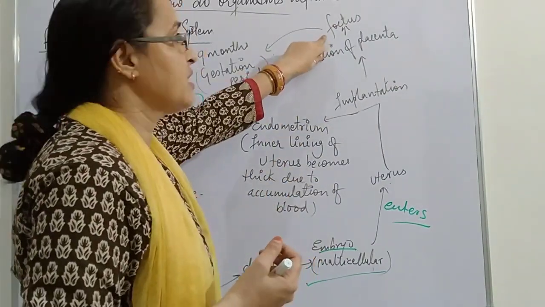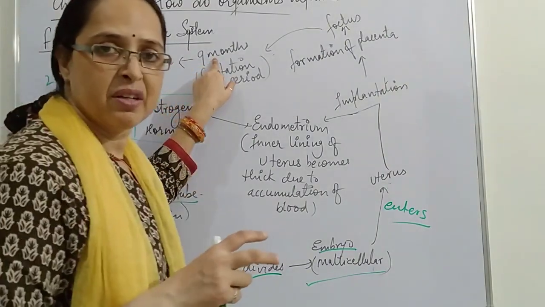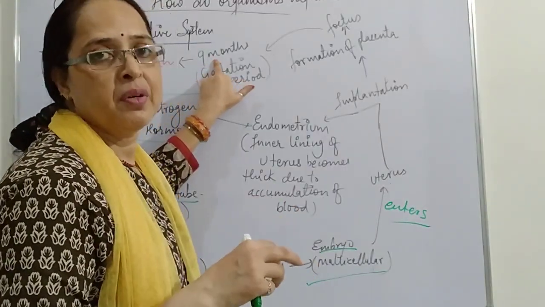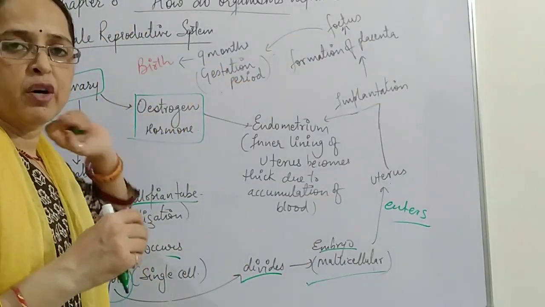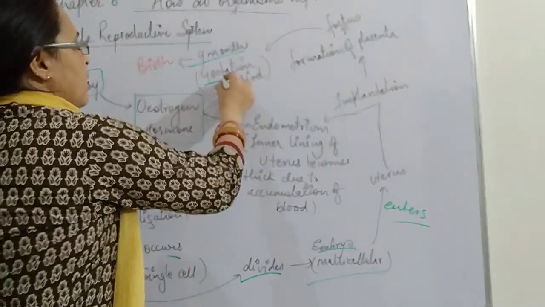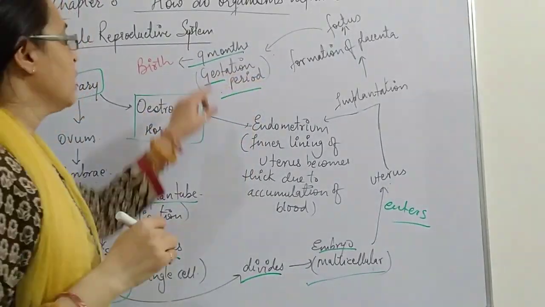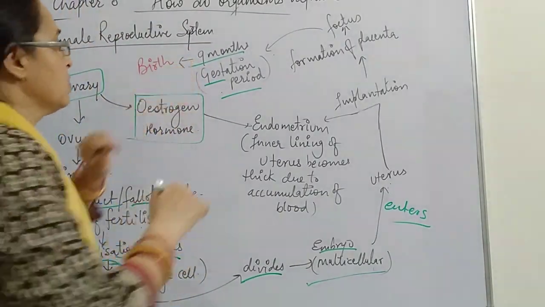The fetus takes 9 months to complete its developmental phase. It develops inside the mother's womb, and this 9-month period is called the gestation period.